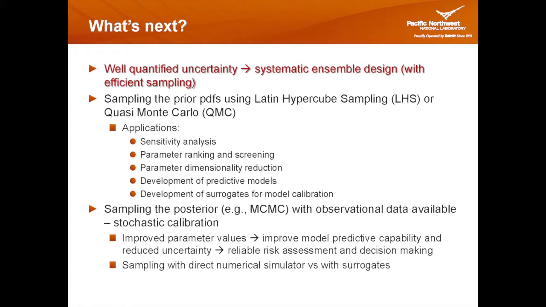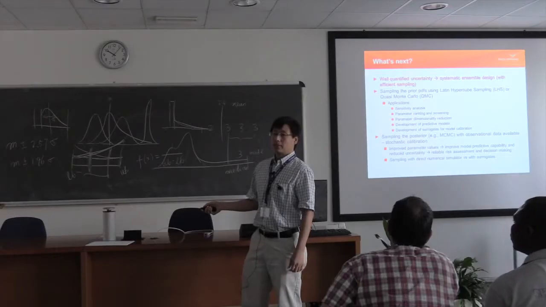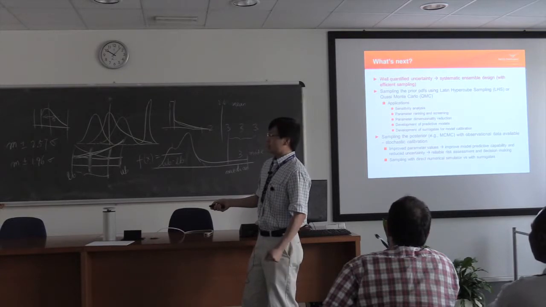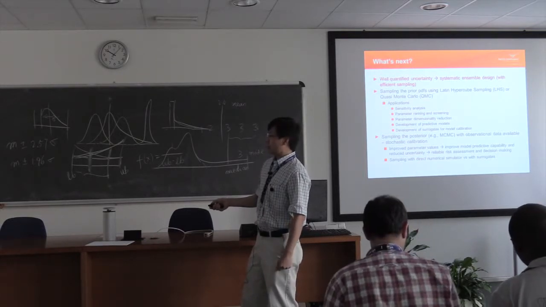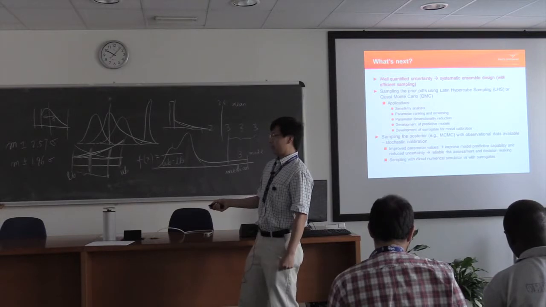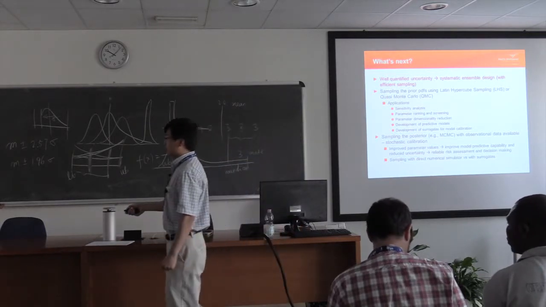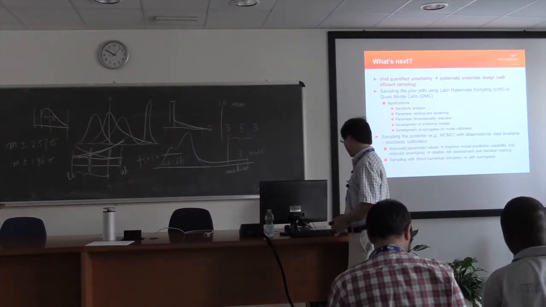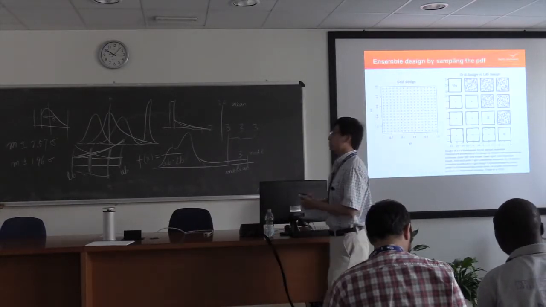If you find the surrogate doesn't work because of the complexity of your combined model, then don't do surrogate-based calibration. Then sampling the posterior is actually the calibration. Basically, you want to get to your posterior with observational data. We have talked about what calibration is, and we will be talking about that very soon.